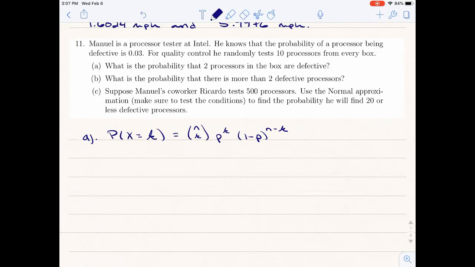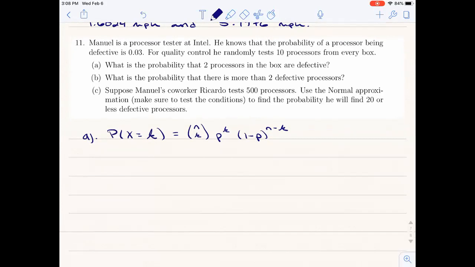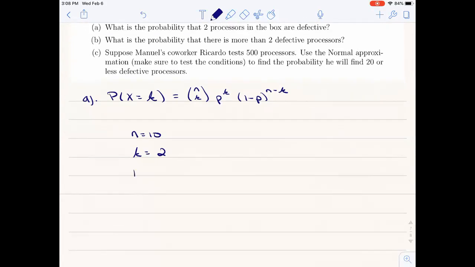In our case, k is the number of successes, n is the number of trials, and so in this case we're interested in k equal to 2, and we have 10 processors that we're going to check, so that's 10 trials. And the probability of a defective processor is 0.03. So we've got n is 10, k is 2 in this question, and p is 0.03.